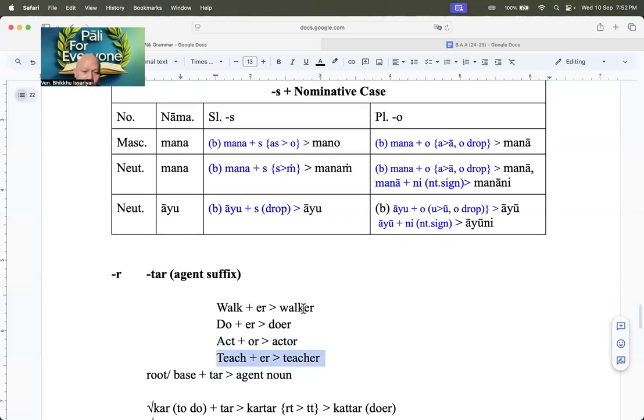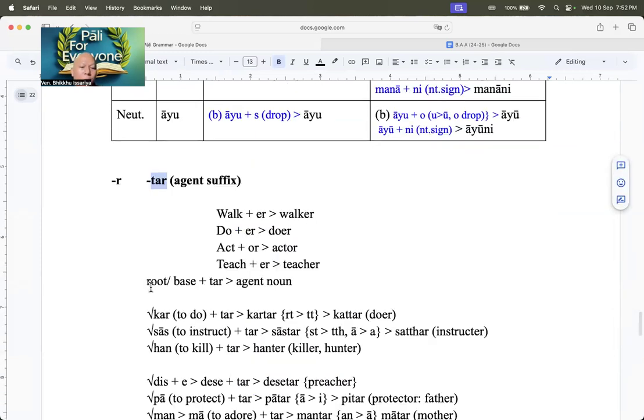So in English, but in Pali, tar or dar with that one. So in English, to the verb infinitive added, but in Pali, to the root or base.